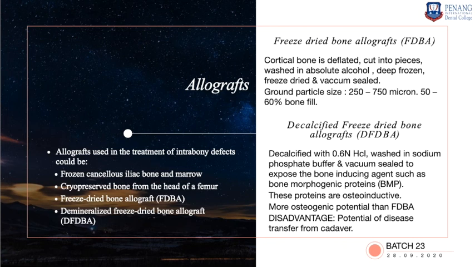Once these proteins are exposed, they help in inducing or attracting the osteoblasts to the site faster compared to a freeze-dried bone graft, because the freeze-dried bone graft requires the inorganic component to resorb, and only then will it expose the organic components, the proteins, which then attract the osteoblasts. Whereas in a decalcified bone graft, the proteins are already exposed to attract the osteoblasts and result in regeneration.